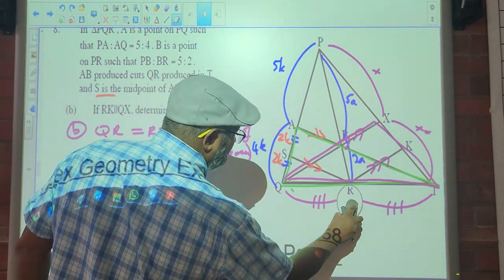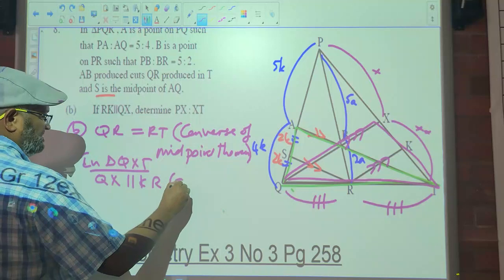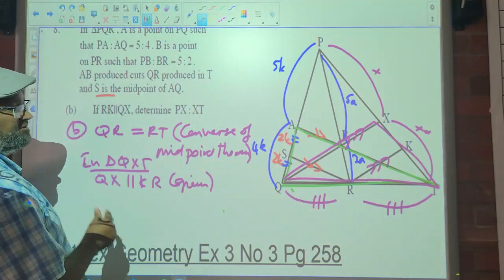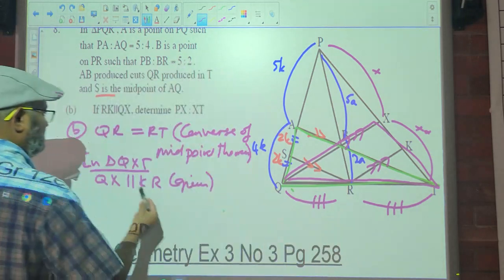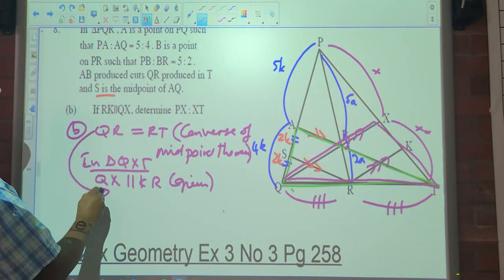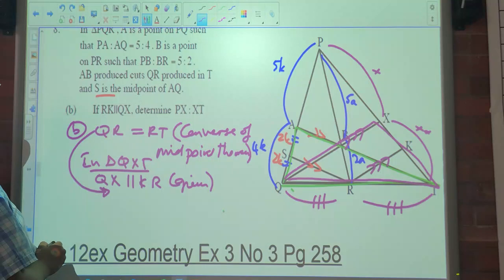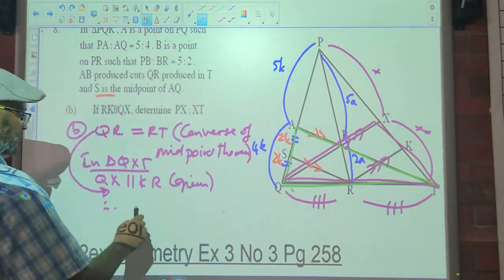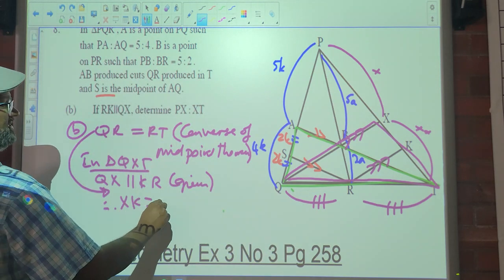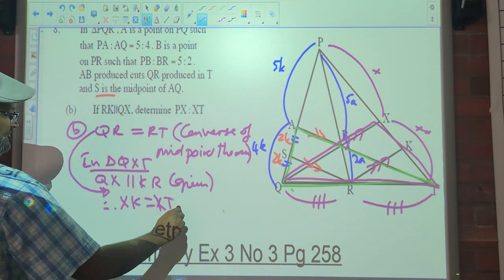And why is that the case? That was given to us. So, the converse of the midpoint theorem, therefore XK has to be equal to KT.